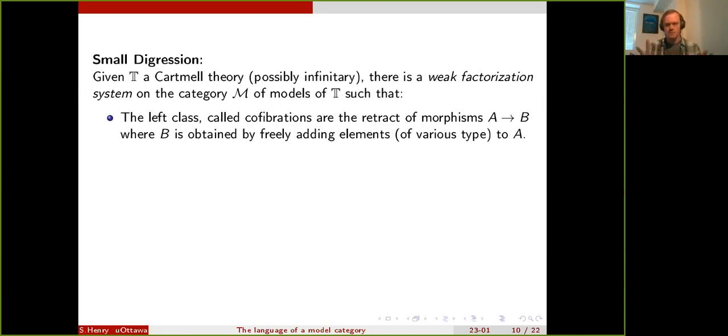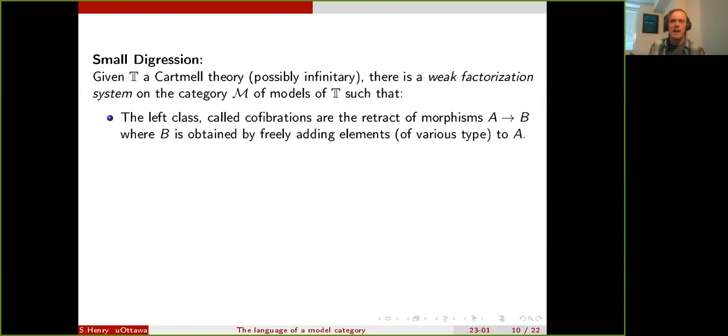So let's just take an example. If I still have this theory of categories where I have objects, morphisms, and the equality predicate for morphisms, then freely adding elements means I can freely add objects, which has the effect of adding an isolated object to the category. Or I can freely add morphisms. For example, I can freely add morphisms that will connect the new object I've added to an old one, or maybe it would be a morphism between the old objects.